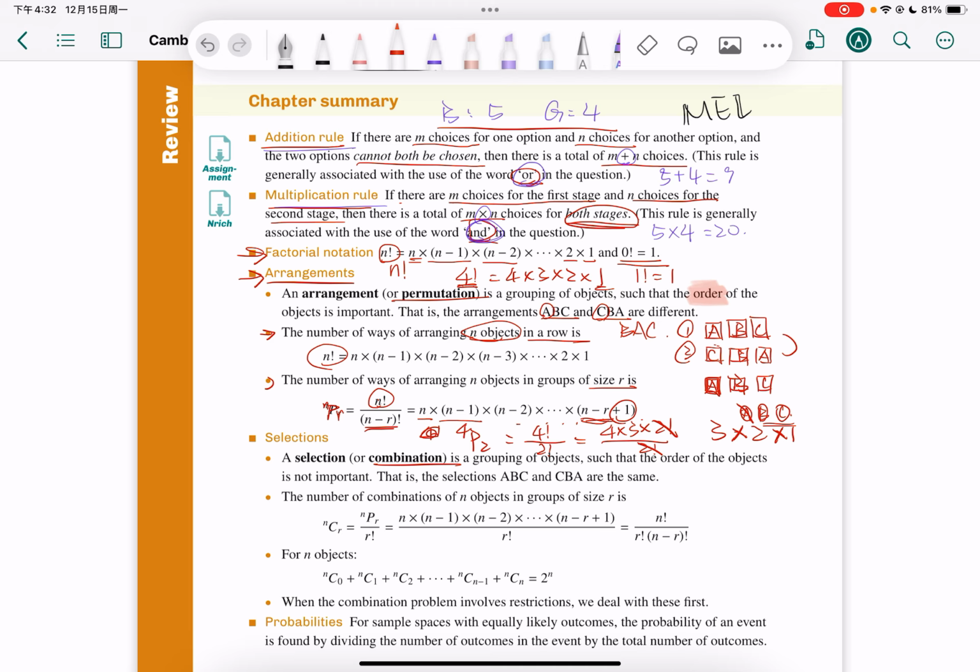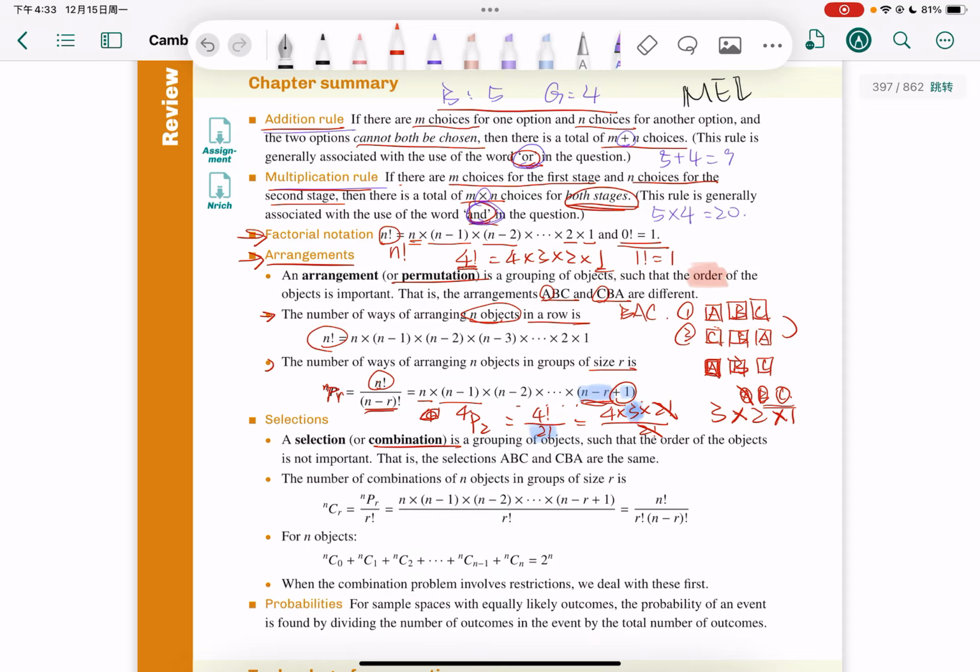The last term in the numerator is 3, which is the 2 plus 1. Here n minus R is 2, and plus 1 gives 3. That's why the last term is n minus R plus 1.